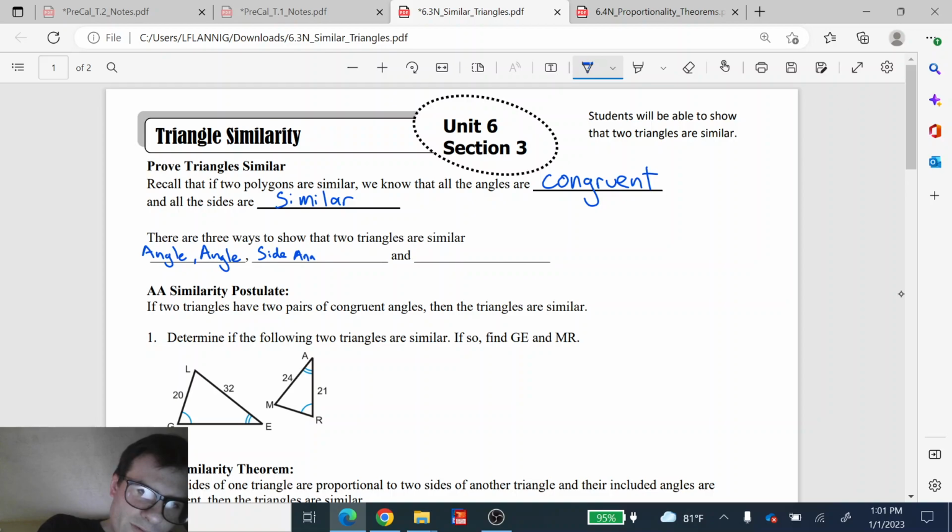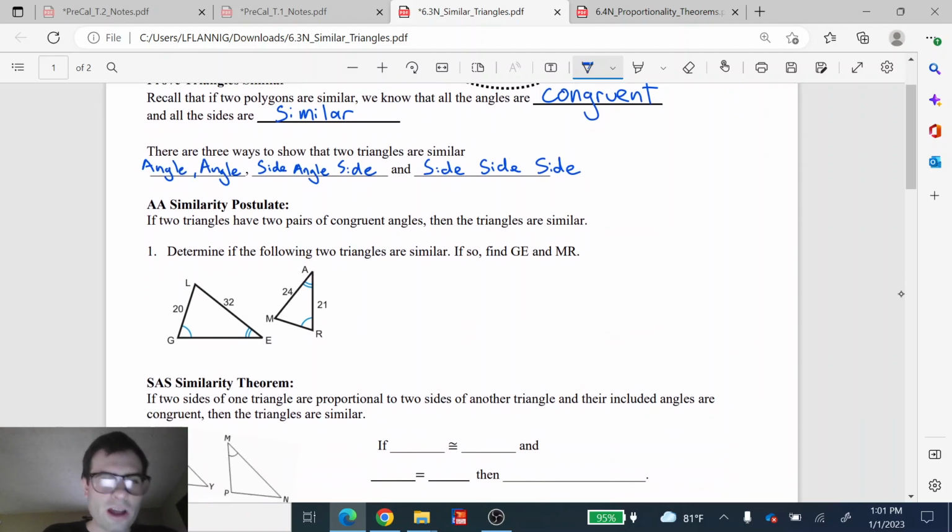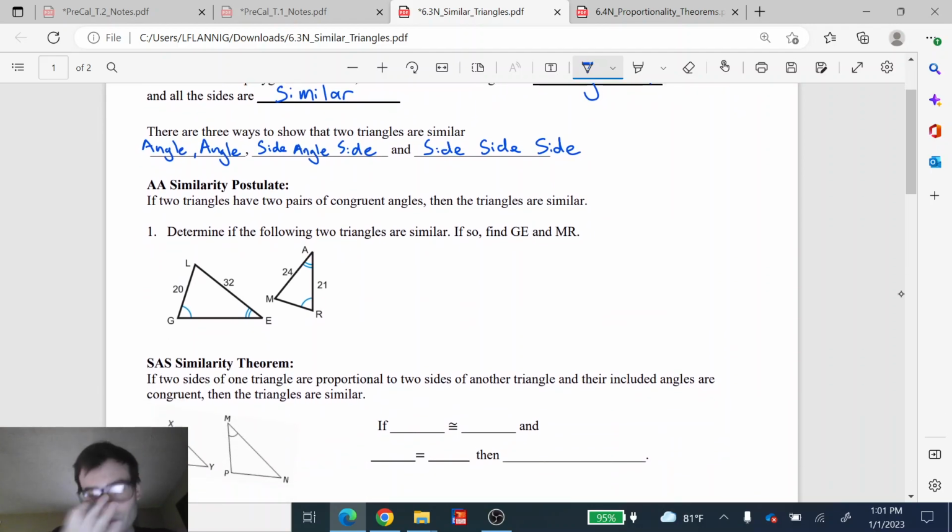And you might recognize this from when we did proofs of triangles. And side, side, side. These are the 3 ways to show that triangles are similar, not necessarily congruent, but similar. And the first one we'll talk about is angle, angle.